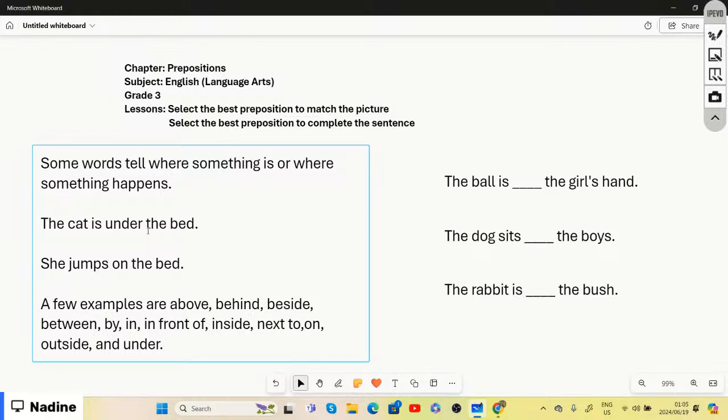All right. So when it comes to prepositions, right? In some words, they will tell us where something is or where something happens.